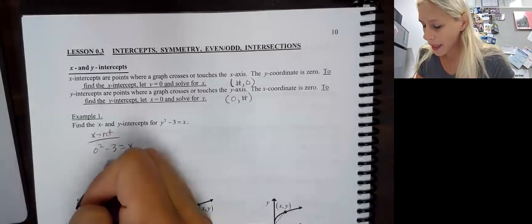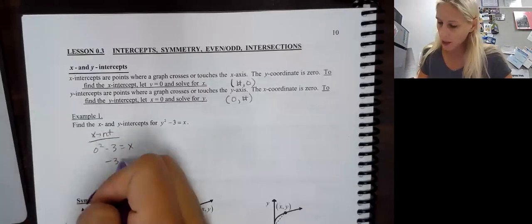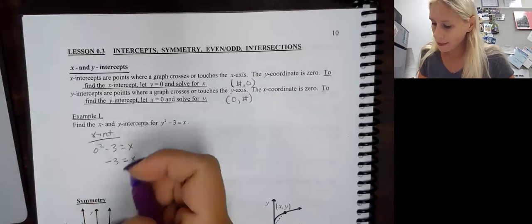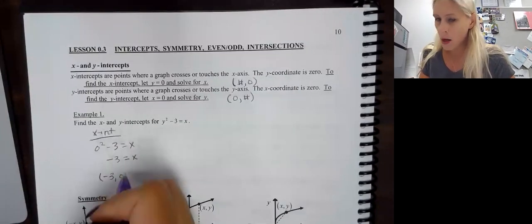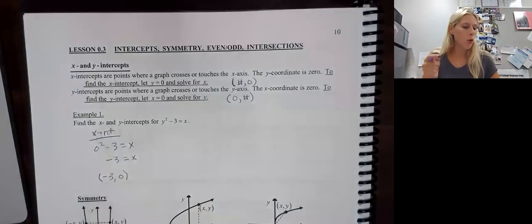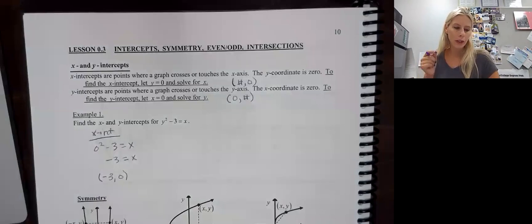And we get that -3 equals x. So our x-intercept is -3, 0. Remember that an intercept is a coordinate pair, so you need a coordinate as your answer.